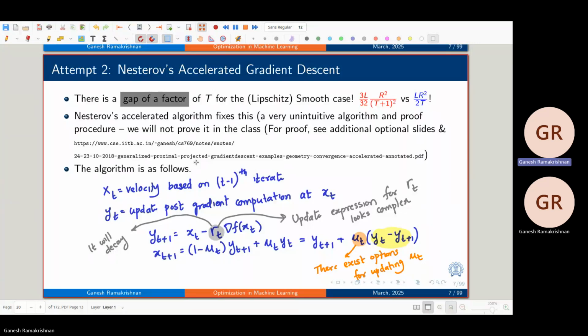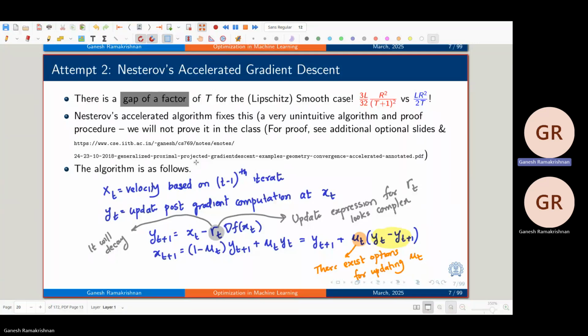So the question could be, why 1 minus mu t times yt plus 1, which is the gradient update, and mu t times yt? This looks compact. Now if you want, you can expand it, and that's what I've done here.